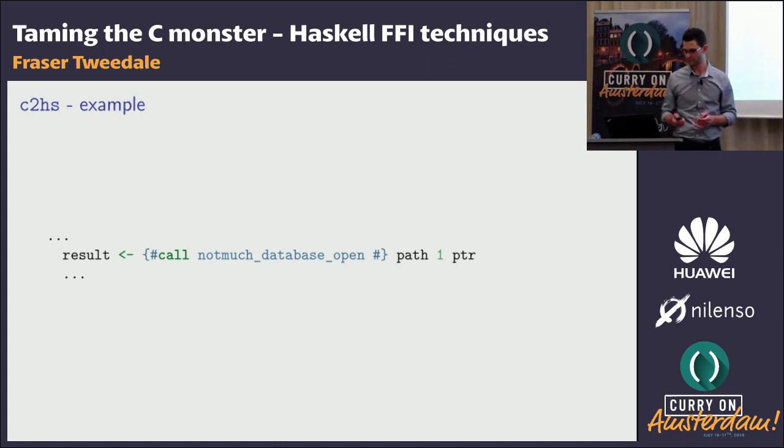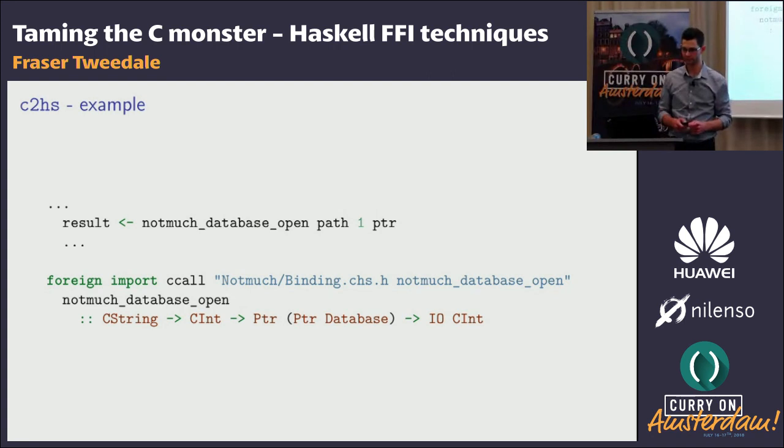So the hook with the curly pound call directive just gets replaced with the name of a symbol in the Haskell module, and it automatically writes the foreign import declaration to import the not much database open routine from the foreign library. It reads the types in the C header file and gives you a type for the Haskell binding declaration corresponding to what it has deduced from the header file.